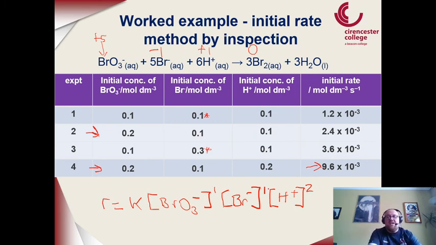We add this and this and this together, and we can see it is a 4th order reaction.